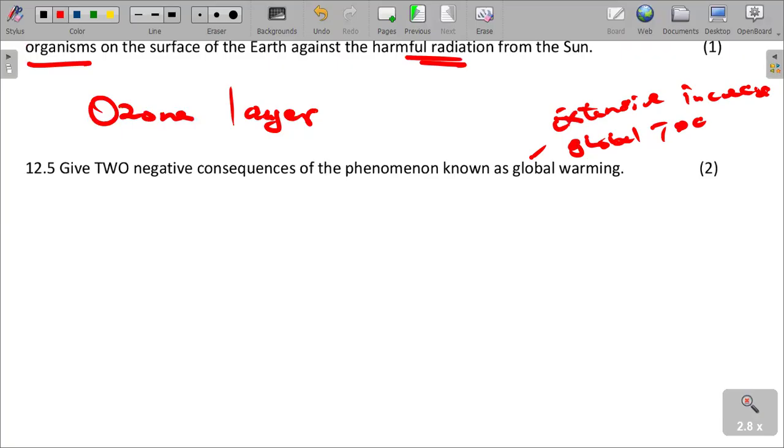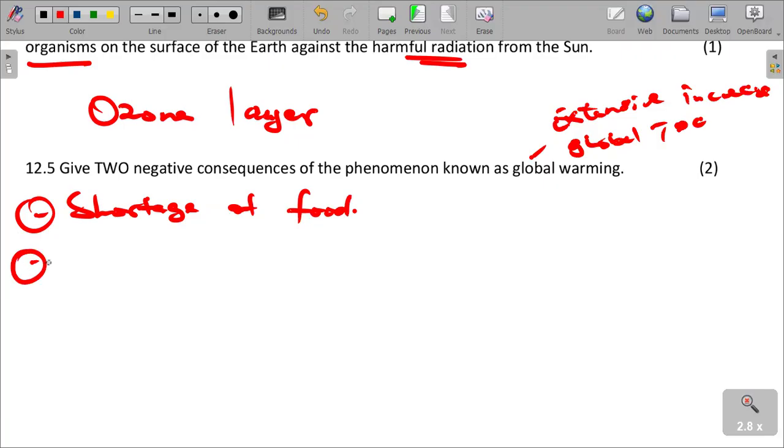Temperatures keep increasing, which is causing a lot of negative effects. So we can talk about issues to do with food shortages, because when temperatures increase, we can have low harvest and less rainfall. We can talk about climate change.